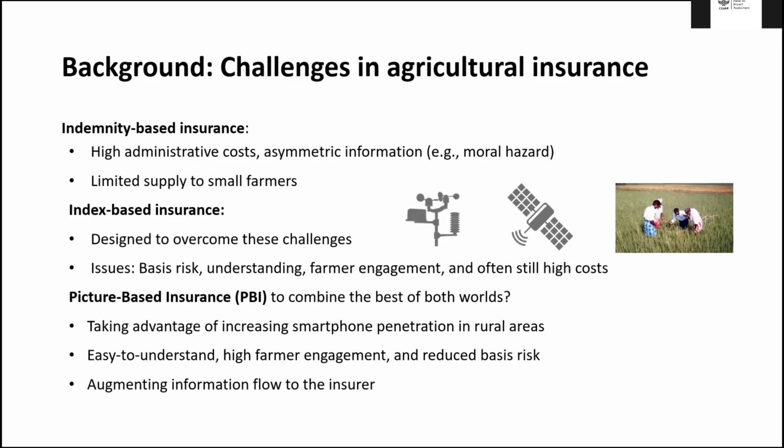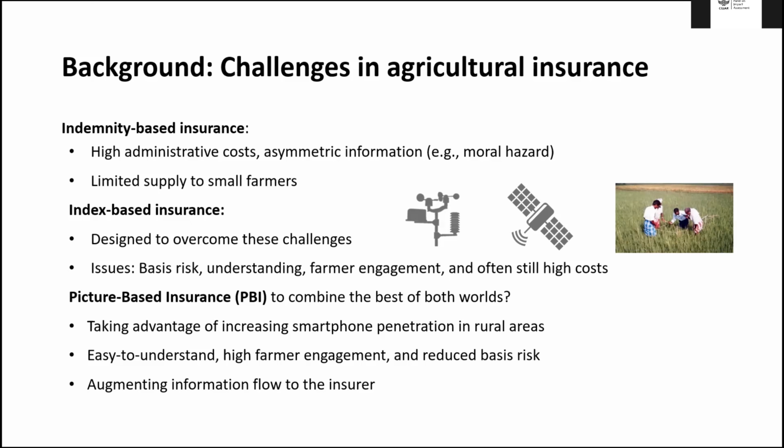And so those are the traditional challenges to these indemnity-based insurance products that we typically think of when we have our housing insurance or our car insurance. Those are all actually indemnity-based. Because of these challenges in supplying these products, we see that very few smallholder farmers actually have access to these indemnity-based insurance products. And with that, a solution came in the form of index-based insurance.